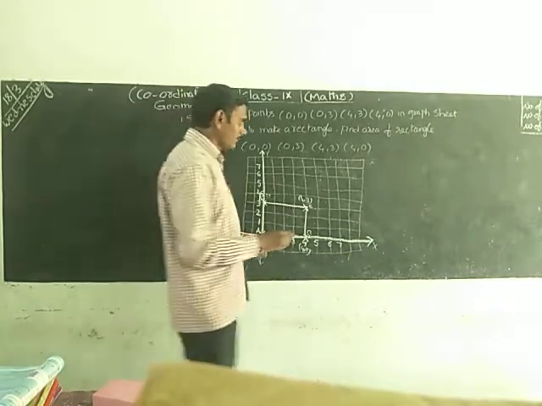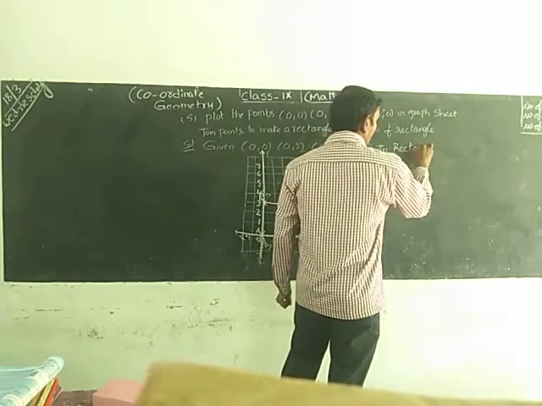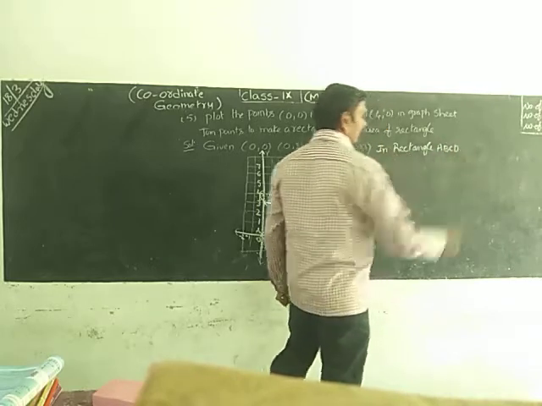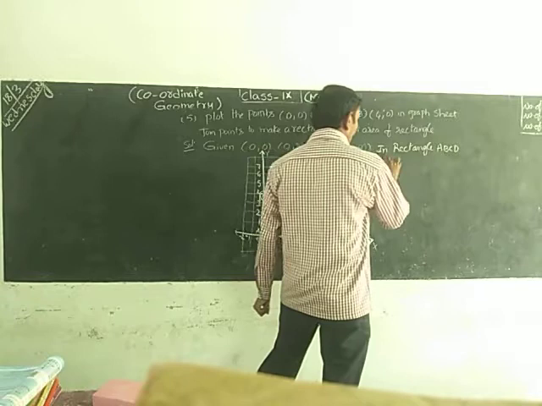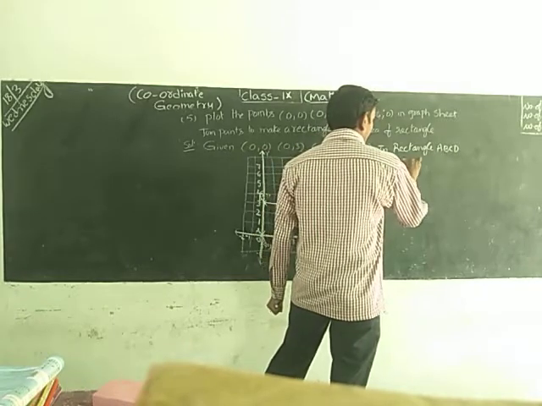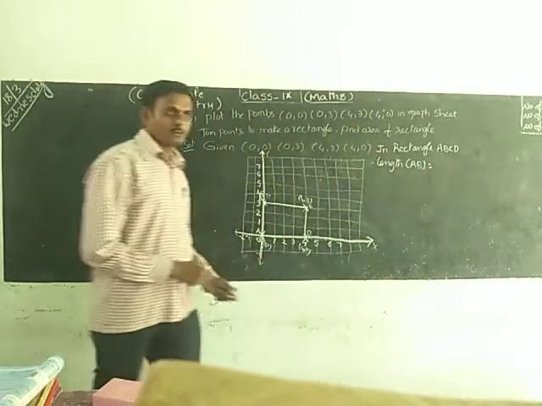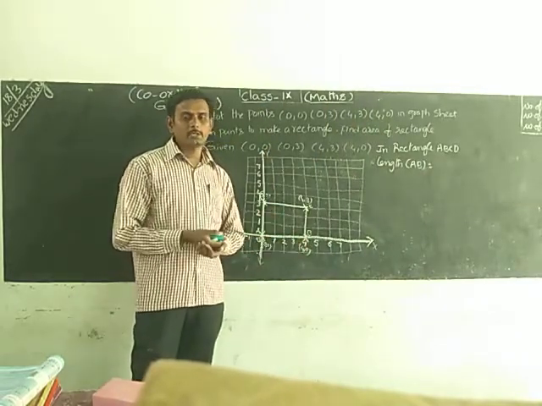Okay, in rectangle ABCD, length AB equals, how many units? From A to B, how many units of distance is there?